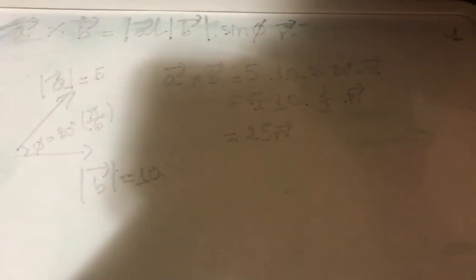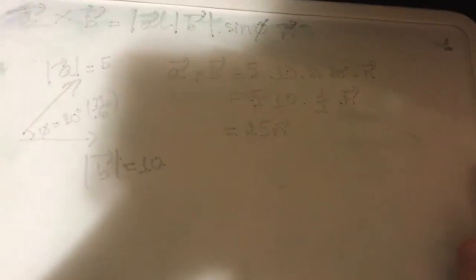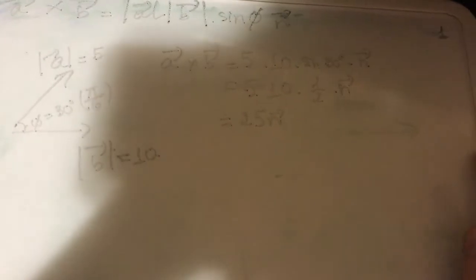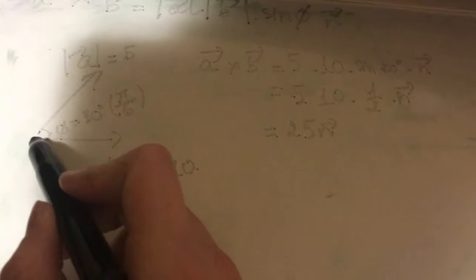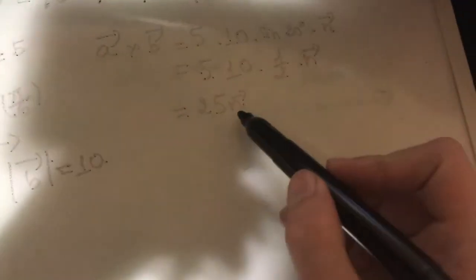But it hasn't been done yet. One more thing we have to do is, this is like 3 dimensions, so there's still one more axis in here. We have to find the direction of the vector n.